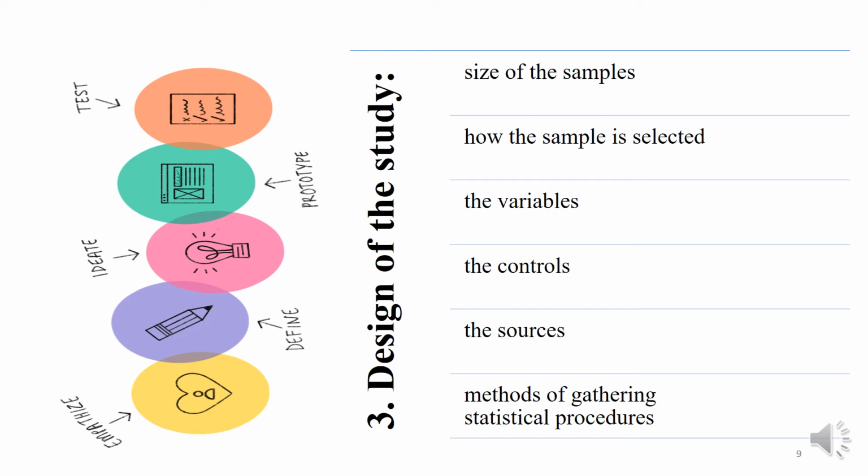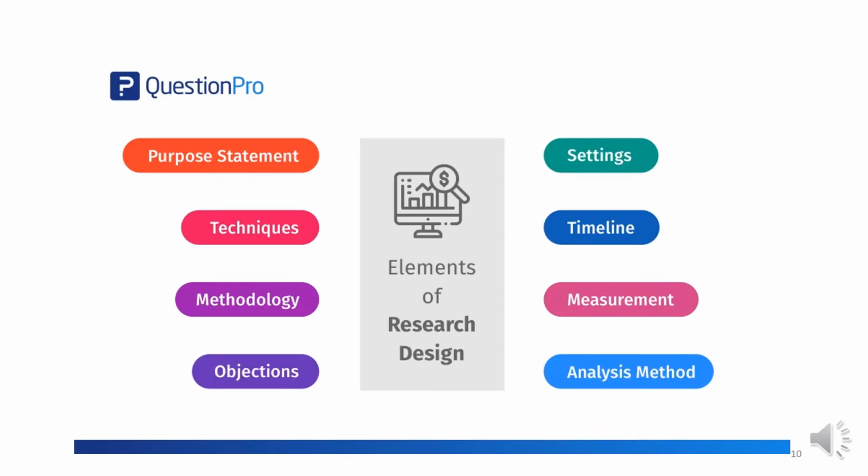The size of the samples and how they are selected, the variables and the controls employed, the sources and methods of gathering data, the reliability of the instrument selected or constructed, and the statistical procedures used in the analysis are carefully described. Here are the elements of the design part.